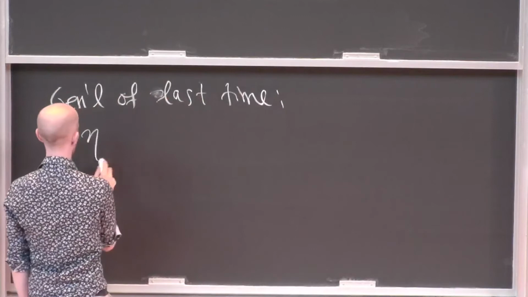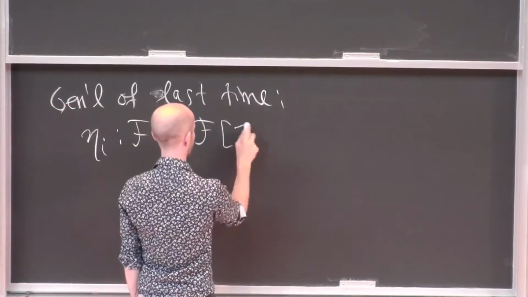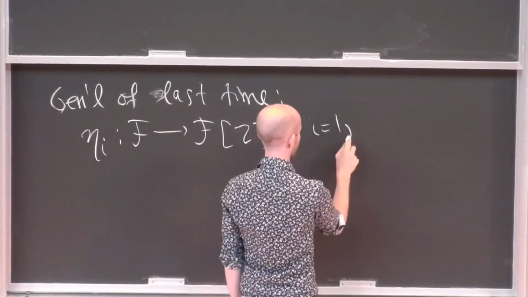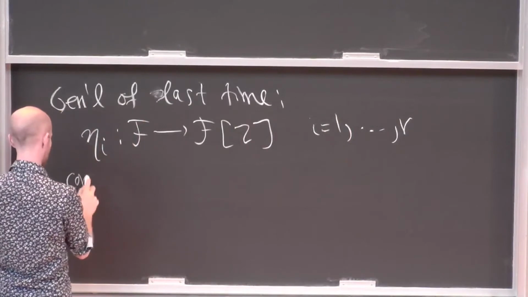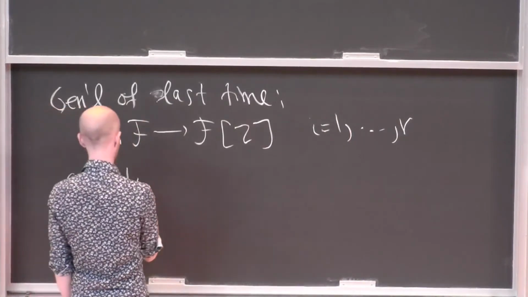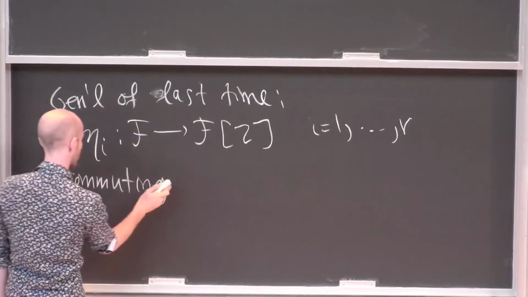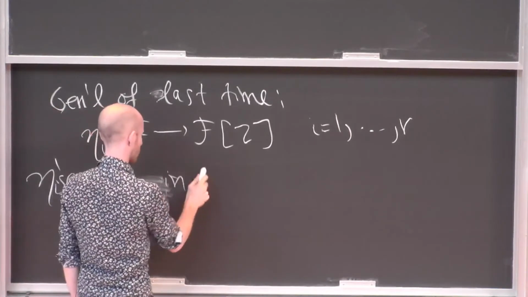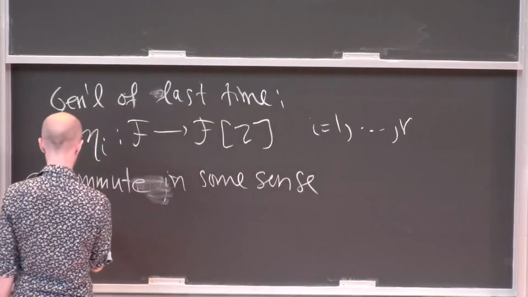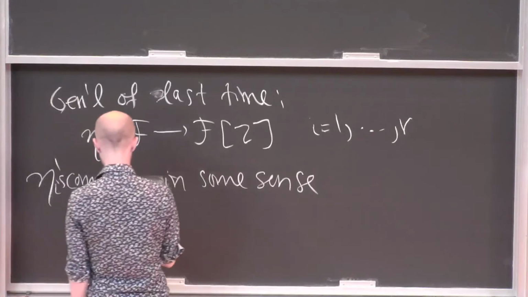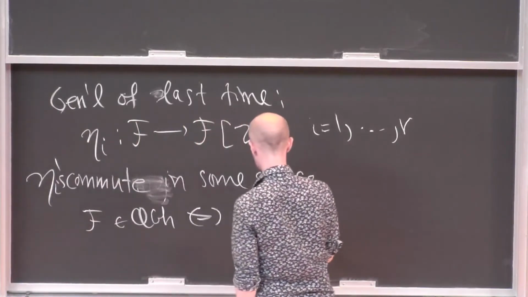It is going to give rise to a bunch of maps eta_i from F to F shifted by 2, where i runs from 1 to r. Again, these commute in some sense, which we'll make more precise later. And F is in QCoh if and only if each eta_i acts locally nilpotently.